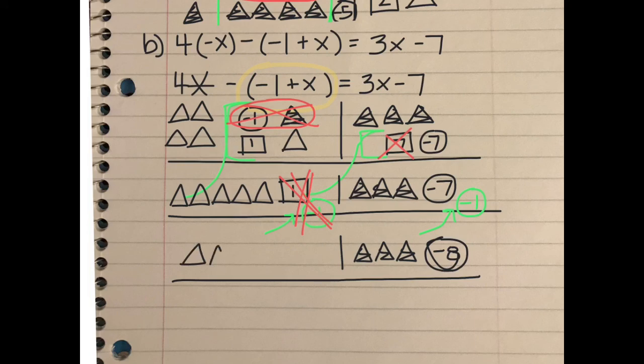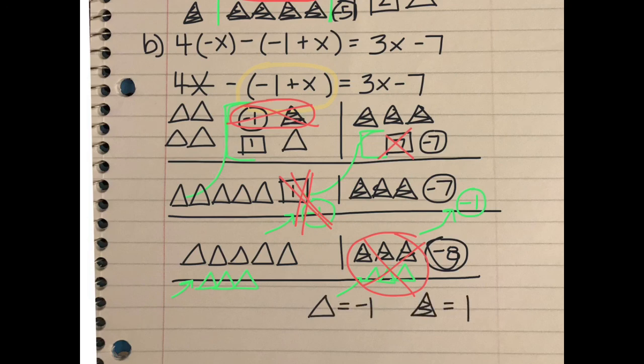And on the left, I've got my 5 stars. So I think it makes sense to bring in 3 stars over here, 3 stars over here, so that our 8 is on the right, our negative 8, and it looks like we have 8 stars that are negative 8, so star equals negative 1, and x, or shaded, equals positive 1.